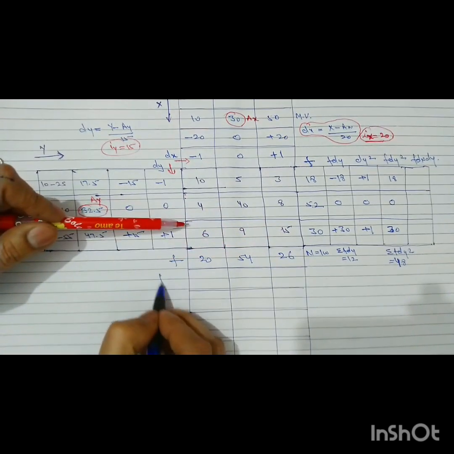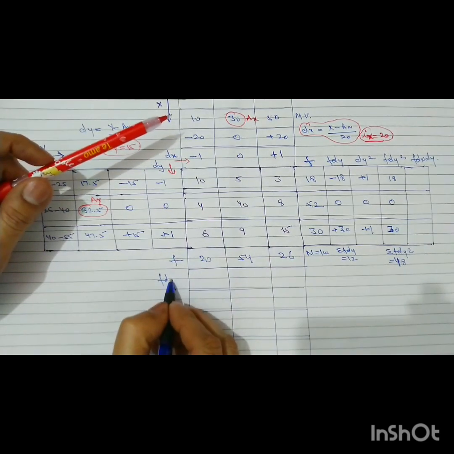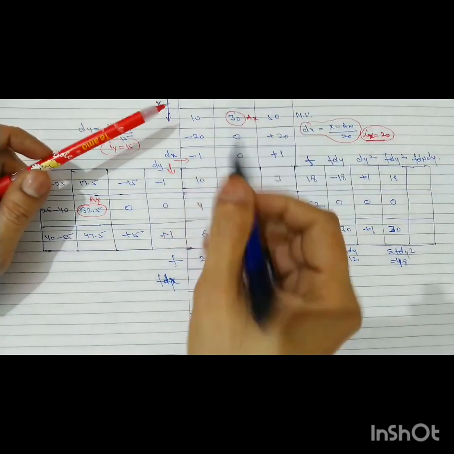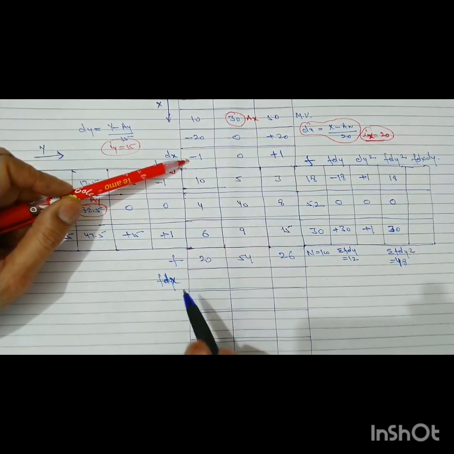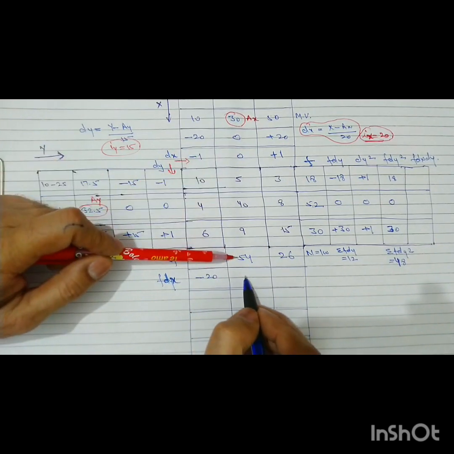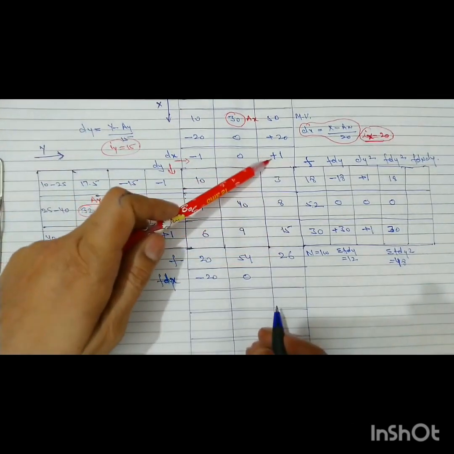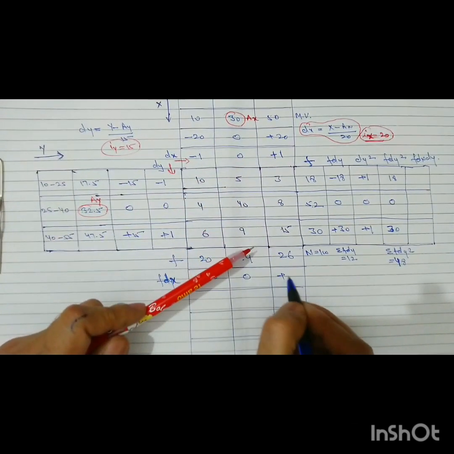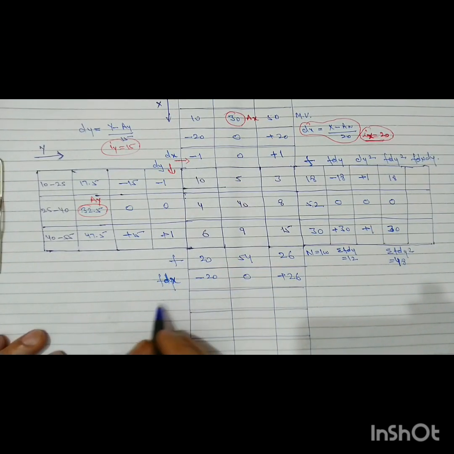Now calculate f dx. This is the X series. dx into f: minus 1 into 20 is minus 20. 0 into 54 is 0. Plus 1 into 26 is plus 26. Now calculate dx square.